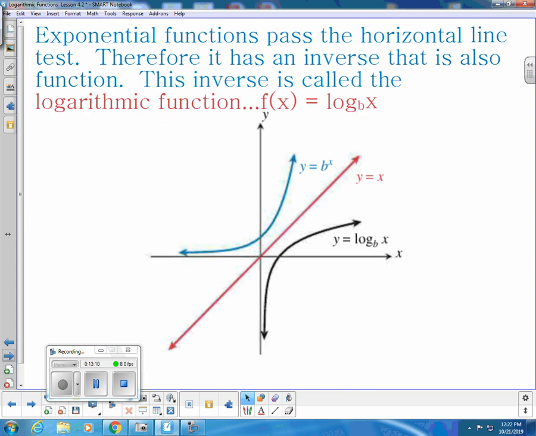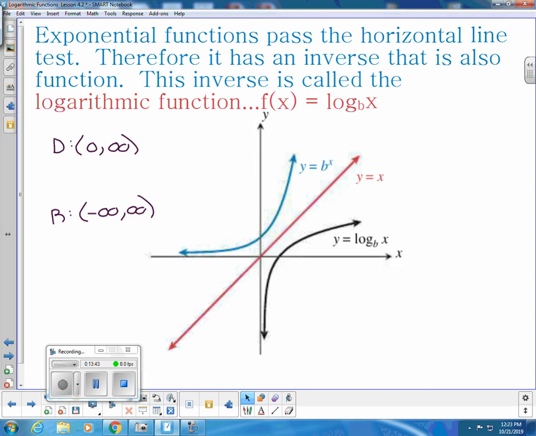Logarithmics and exponentials are inverses of each other. So the log graph is in black. Tell me what the domain is. Where are the x values? 0 to positive infinity, right? Doesn't include 0. That's an asymptote. What's the range? Good. Negative infinity to positive infinity, which spans the whole.